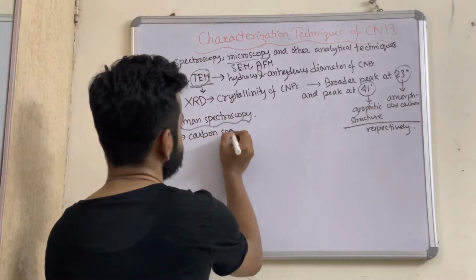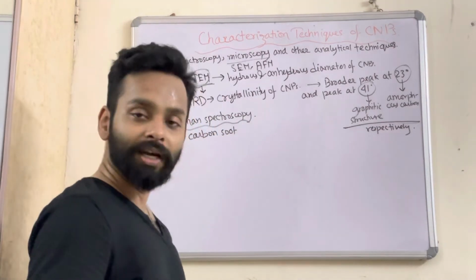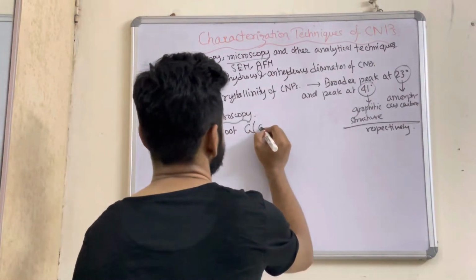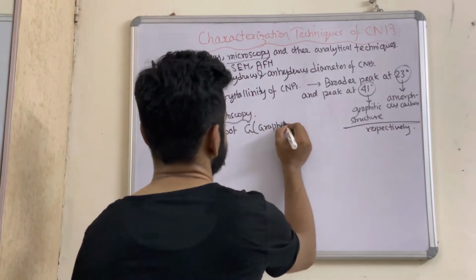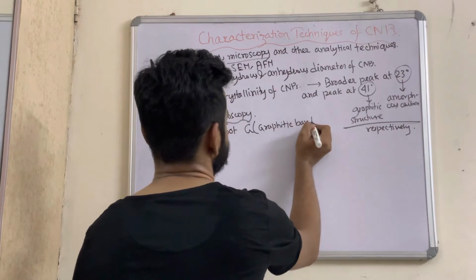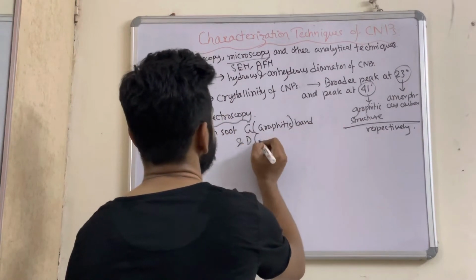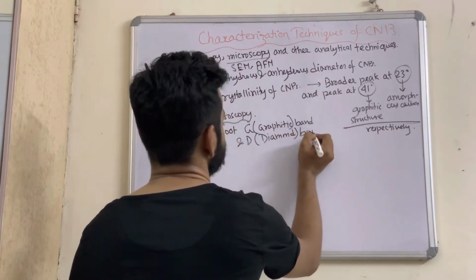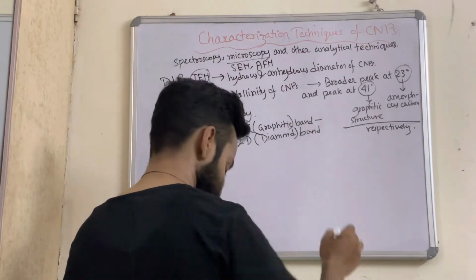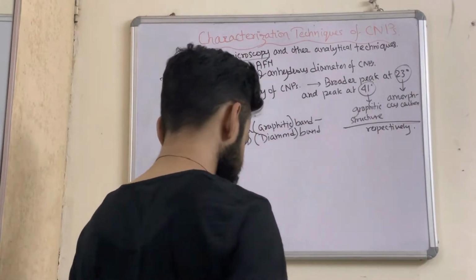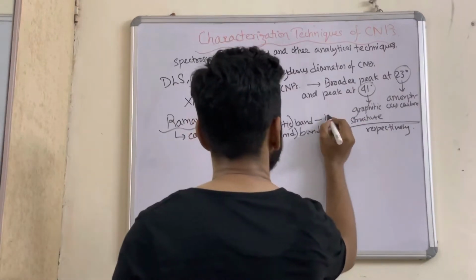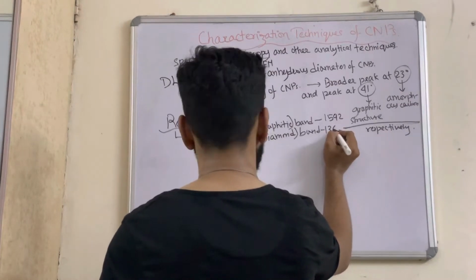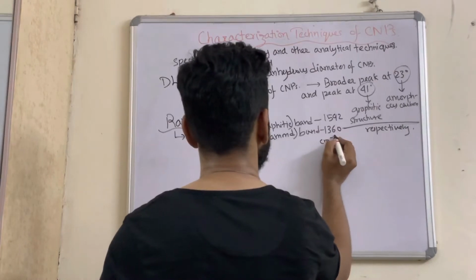So carbon soot was described by the presence of the graphitic or G band and the D or diamond band at 1592 and 1360 centimeter inverse.